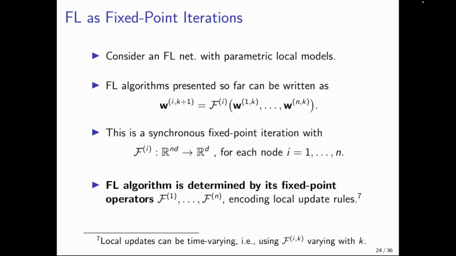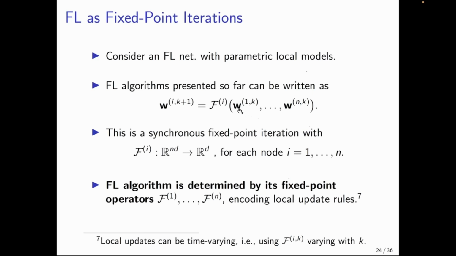federated stochastic gradient descent, are all algorithms of the same type in the sense that they are all based on a fixed point iteration. You can find operators for them, so you can write those algorithms as a fixed point iteration. In each iteration, you apply some operator, and this operator can be different for different nodes.